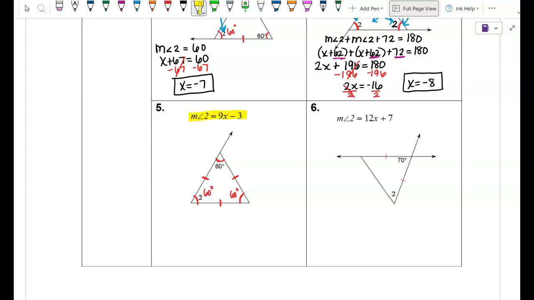So they're telling me the measure of angle 2 equals 9x minus 3. So that 9x minus 3 is what we're going to use to represent angle 2, because we know that the measure of angle 2 equals 60, but I can substitute in 9x minus 3 equals 60.